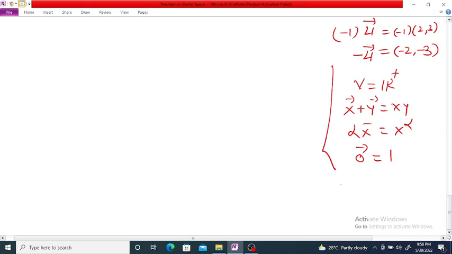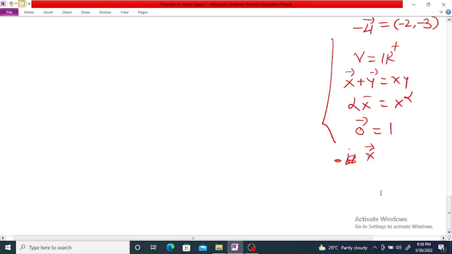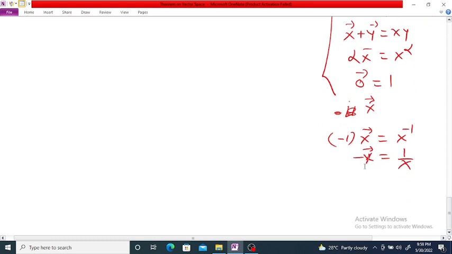Now to find the inverse, if x bar is any vector, then its inverse minus x bar is 1 by x. You can get this as minus 1 into x bar equal to x raised to minus 1, which is 1 by x, and you can check it is minus x bar. So minus 1 into x bar is the same as minus x bar, but we want to prove this.